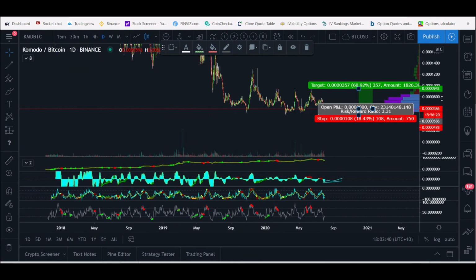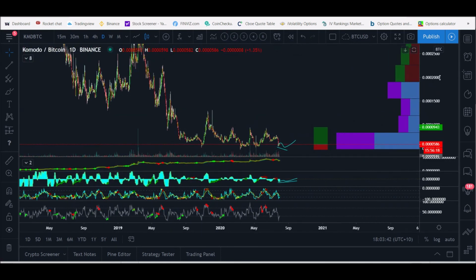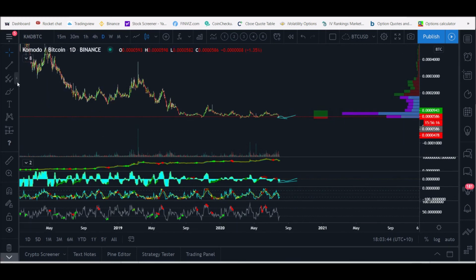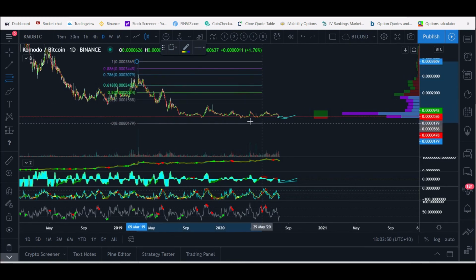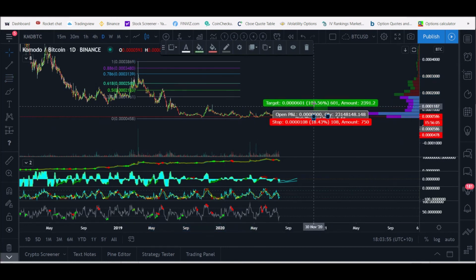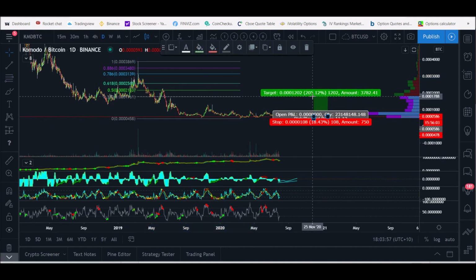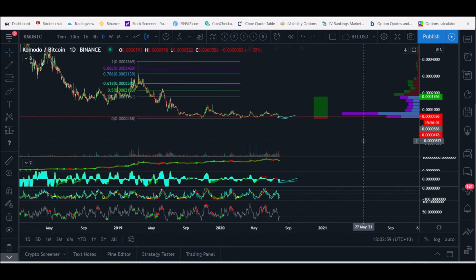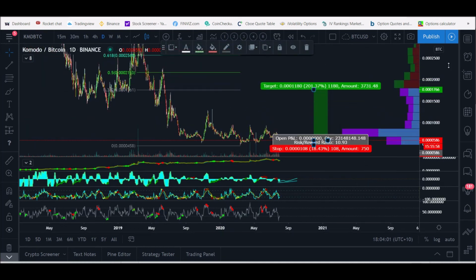Where could this potentially go? So if we did a swing, I'll just do this freehand. So swing high to swing low. If we do come back up even to like the 382, this will give us a 10 to 1 risk reward.